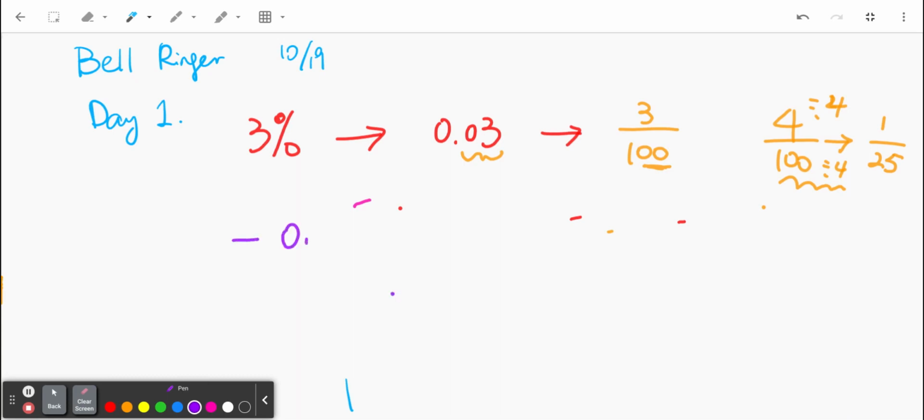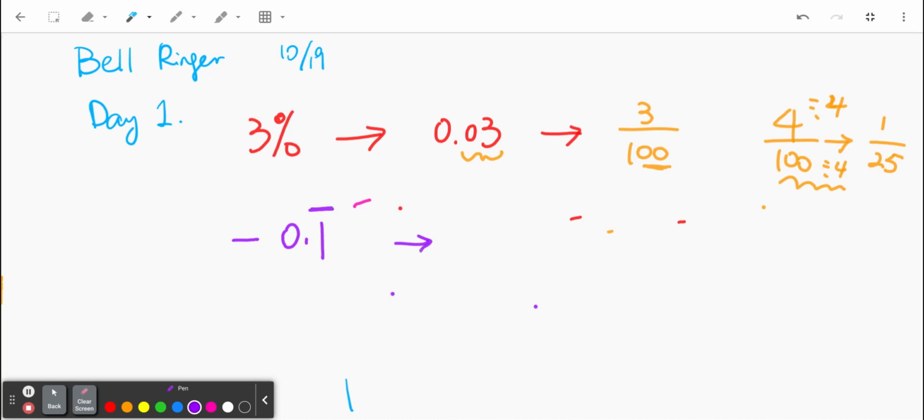Negative 0.1 with a dash. What does that dash mean? It's a repeating number, that's right. So for that repeating number, if you write it as a percent, how much percentage is that? 10 over 100.